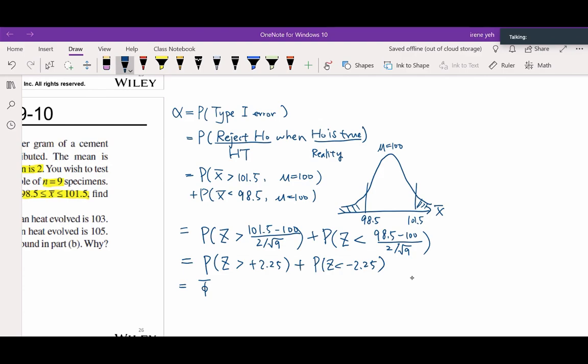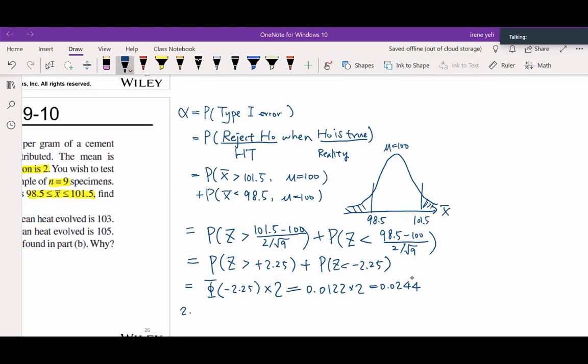So I'm going to derive the cumulative probability to negative 2.25 and multiply that value by 2. 0.0122 multiplied by 2, 0.0244, which means 2.44% of the sample collected will lead to type 1 error.